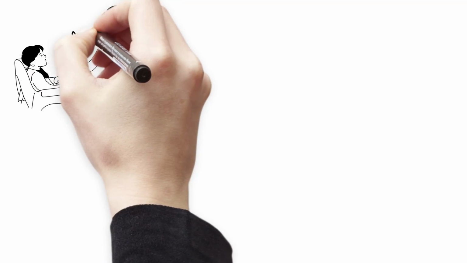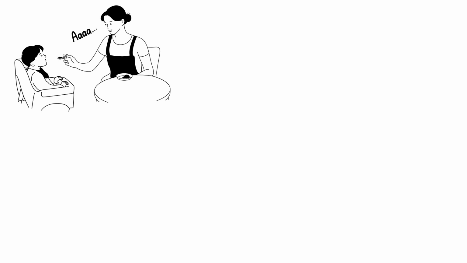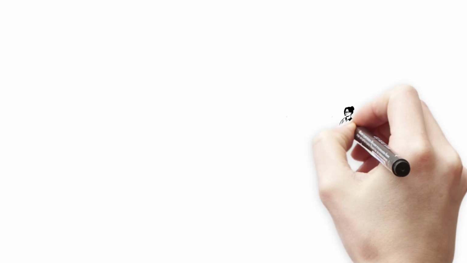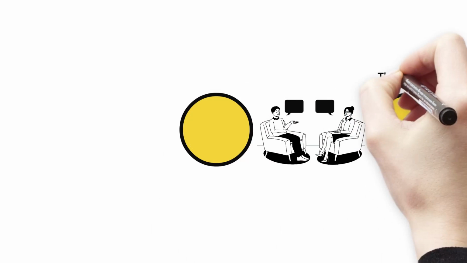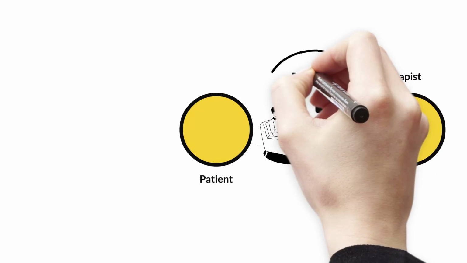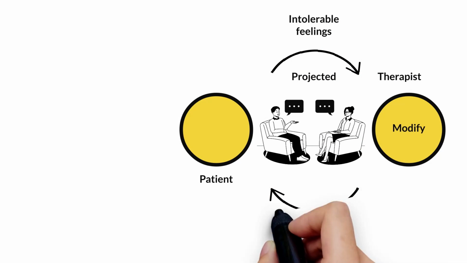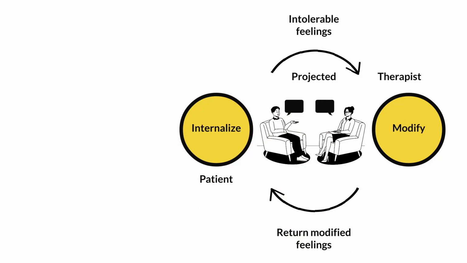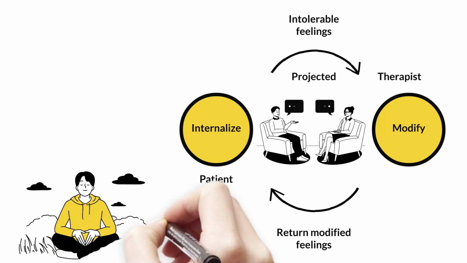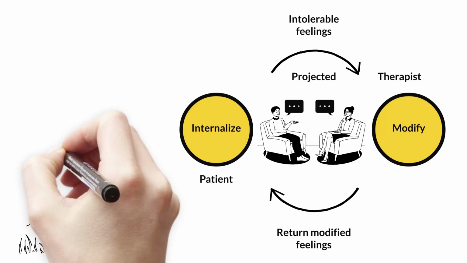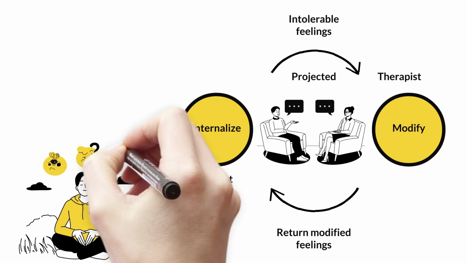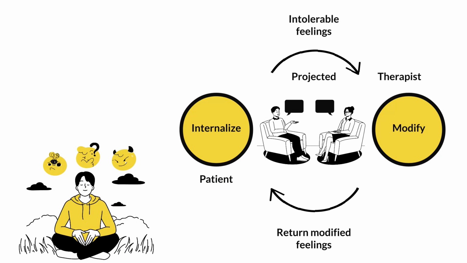When the infant has difficulty digesting and eating solid food, mom would chew it into smaller pieces that the infant can take in. Similarly, in projective identification, the therapist can digest projected intolerable feelings, modify them, and return them back to the patient for internalization. Through this process, the patient learns to make peace with his feelings, thoughts, and part of himself that he finds intolerable.